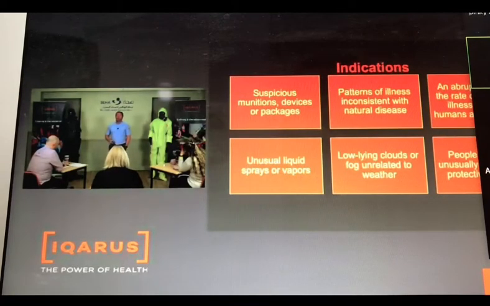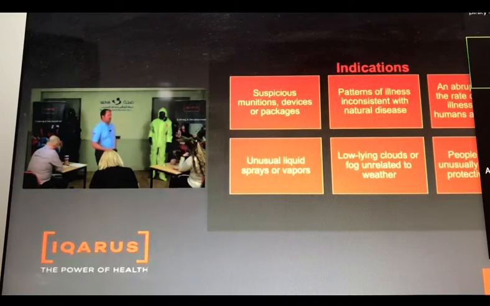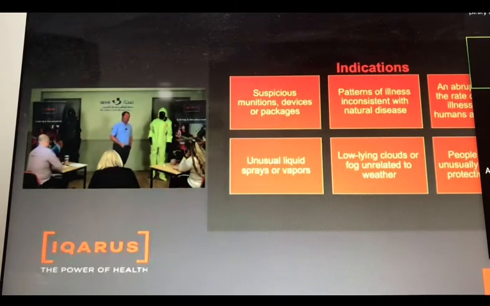So how do I know, or what are the indications that it could happen? Like all terrorism, we think about suspicious munitions, devices, or packages. These are things that may be placed in open view. It's not necessarily going to be a military device. It could be hidden inside a suitcase. We could see patterns of illness inconsistent with natural disease to your environment and climate.